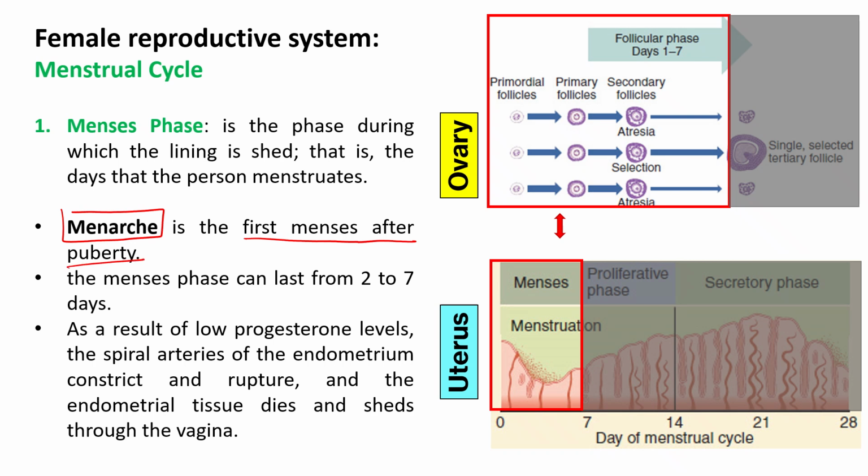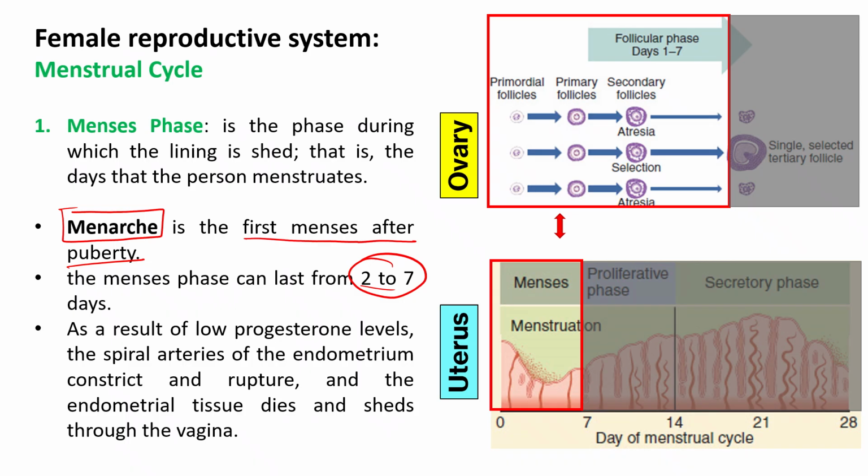And the menses phase, menses or menstruation, which is the same, as I mentioned before, varies from person to person, but it lasts between 2 to 7 days of bleeding. That is the normal interval of bleeding.